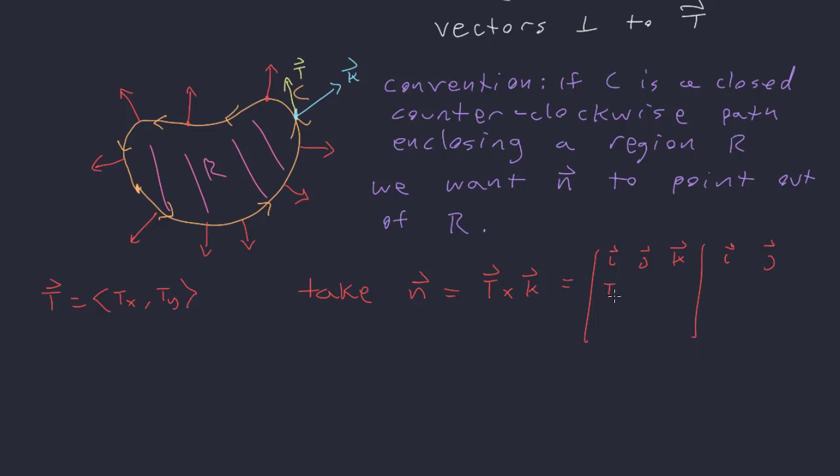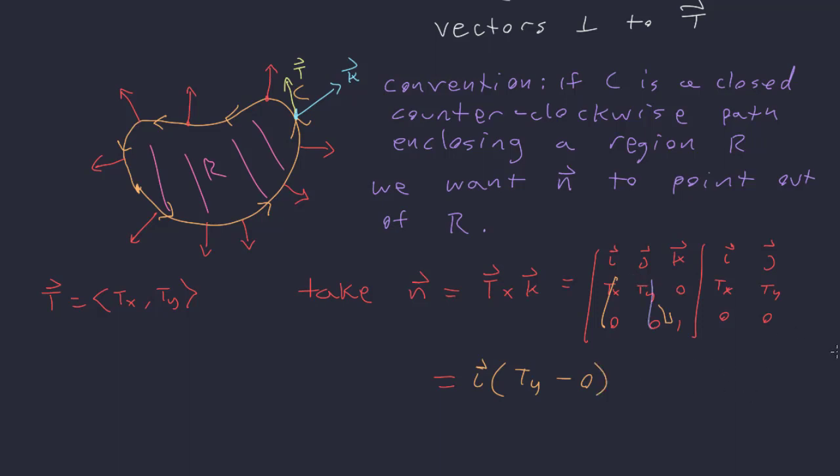So in 3-space, it's T sub x, T sub y, 0, and the vector k will be 0, 0, 1. In our i component, the main diagonal will be T sub y minus 0.